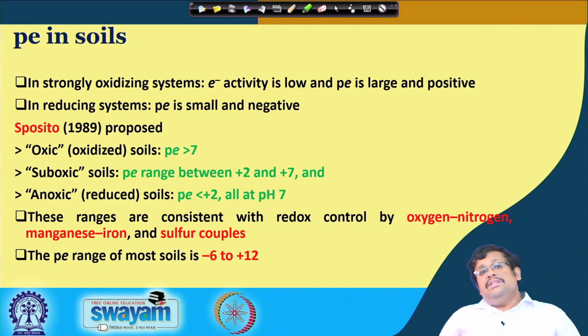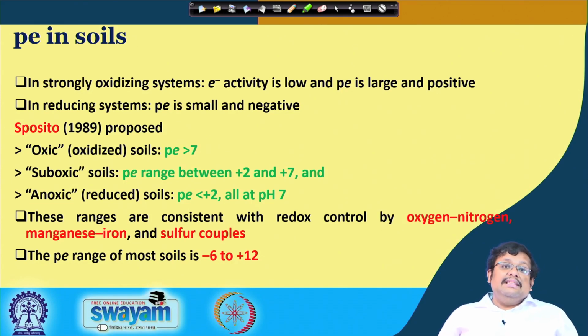According to Sposito in 1989, oxidized soils, known as oxic soils, have a characteristic pe value of greater than 7. In case of suboxic soils, the pe ranges between plus 2 to plus 7, and in case of anoxic or reduced soil, the pe is less than plus 2 at pH 7.